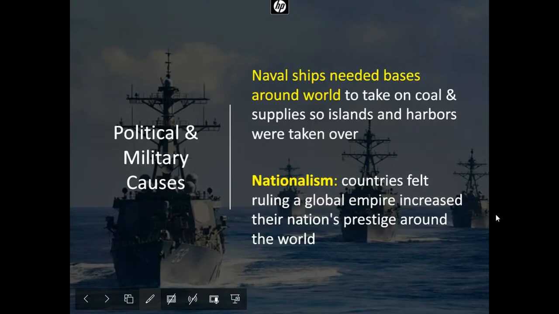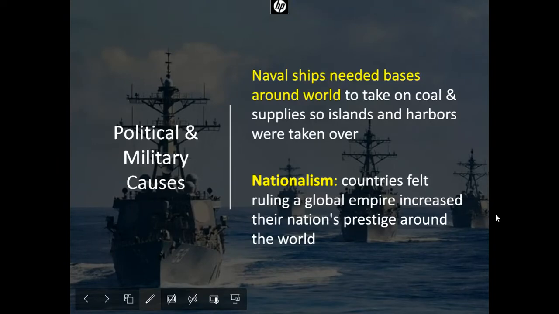So it was imperative that these nations, for military reasons, took over these areas so they could build military bases, especially for their navies. Now, the other thing that comes here that's political is the idea of nationalism. Nationalism is that strong sense of identity and that strong pride in your country. Well, at this time, nationalism is gaining popularity. Many people are feeling very strong nationalist tendencies.